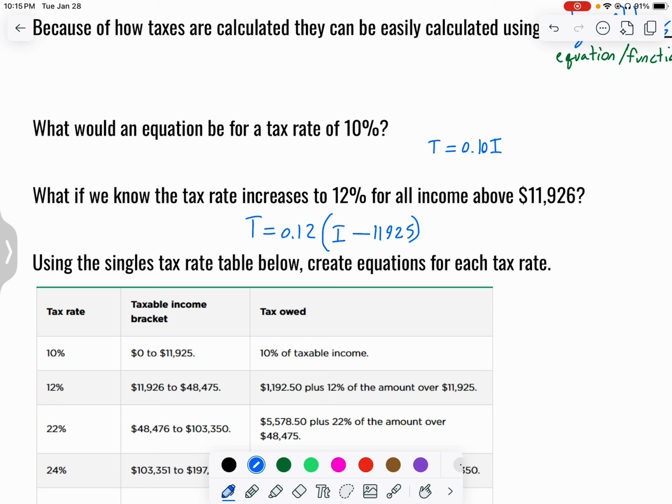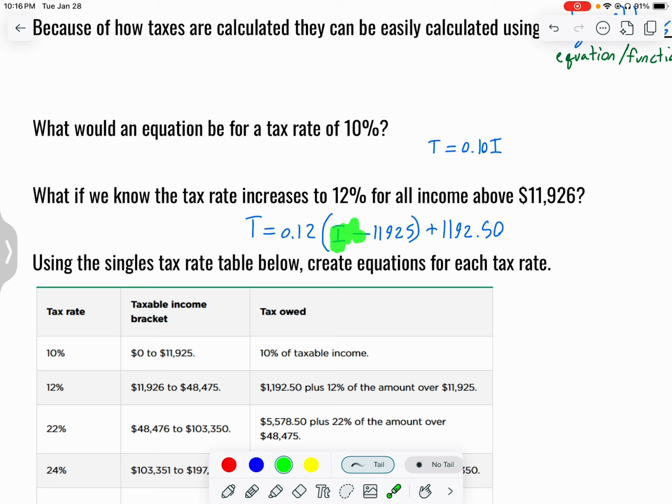That's good. But we also need to do one more thing. We need to understand that first 11,000 is taxed at that lower tax rate. And since you surpass that, it's a solid number, specifically 1,192.50. So this would be our tax rate for 12%.